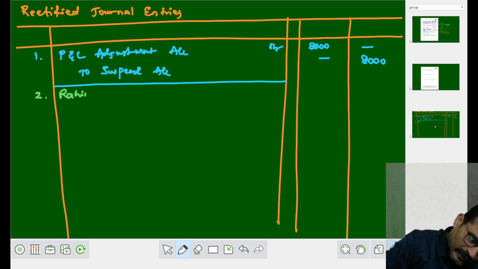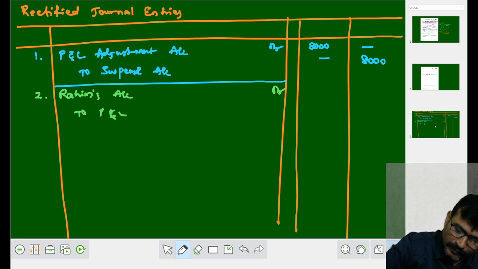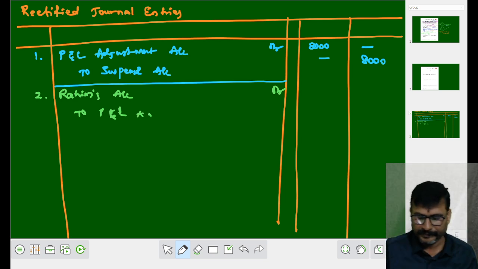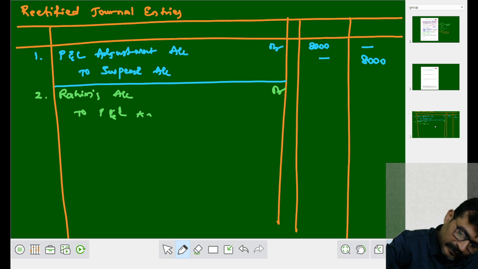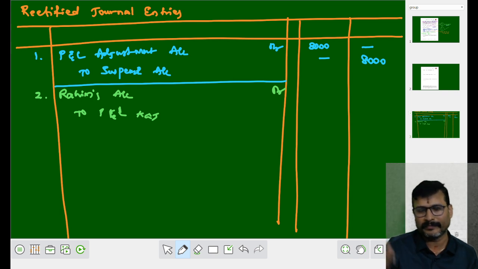Rahim's account debit, P&L adjustment account. How much amount is it for the P&L adjustment account? Sometimes the pen will give some problem.